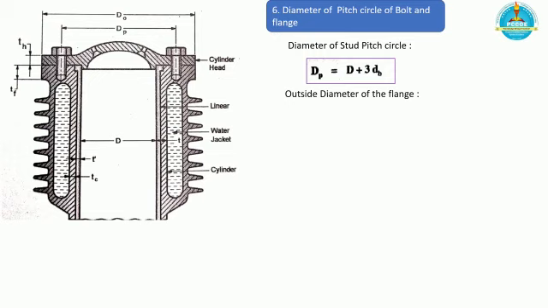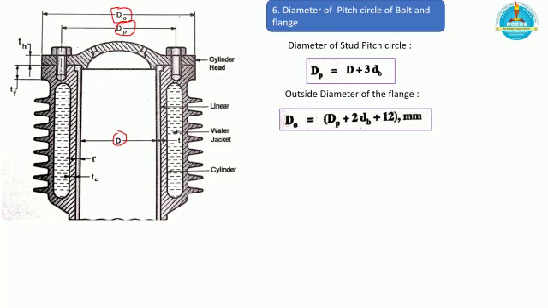Already we have calculated the value of d, and the diameter of the bolt which you obtained from the previous case, and finally we will calculate the diameter of pitch circle dp. The next is to calculate the outside diameter of the flange do, and it is given by dp plus 2 times the bolt diameter plus an allowance of 12 mm. This 12 mm is constant.